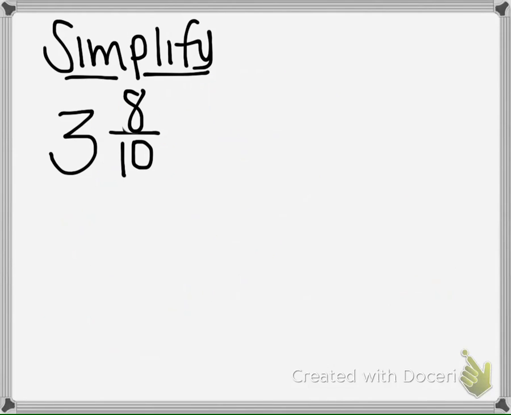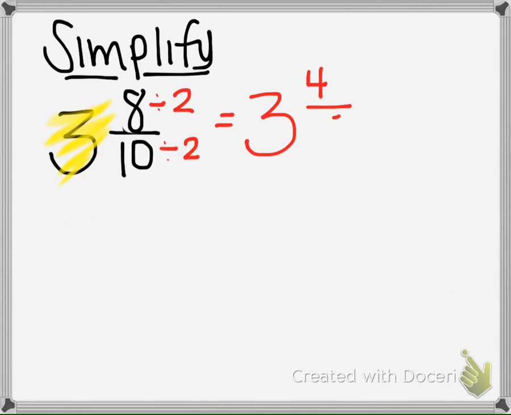Okay, this time we're asked to simplify a mixed number. So we're going to ignore this 3 right here, and we're going to ask ourselves, what can divide into 8 and 10? I know that they're even, so I could divide by 2. So I would have 3, and 8 divided by 2 is 4, and 10 divided by 2 is 5. So I would get 3 and 4/5.